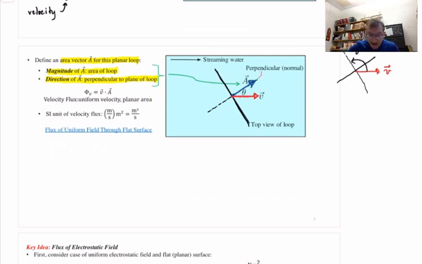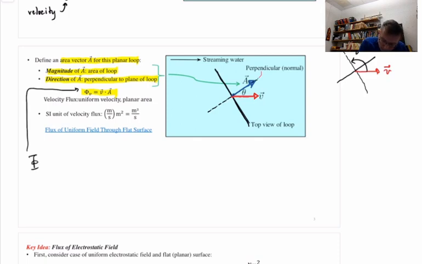If we think of A as a vector, then my expression on the previous slide for velocity flux actually is equivalent to a dot product of the vector field, in this case velocity, with the area vector, v dot A. That's going to be very important.